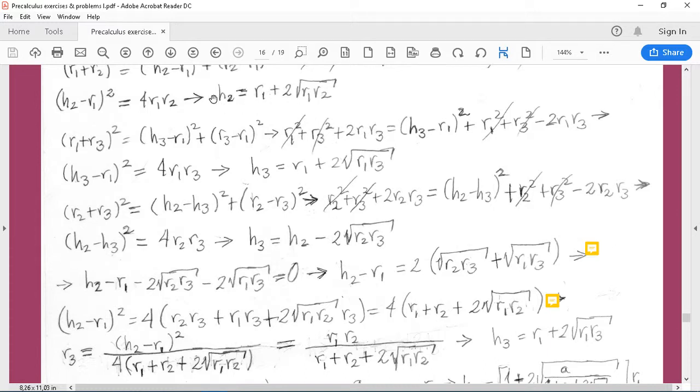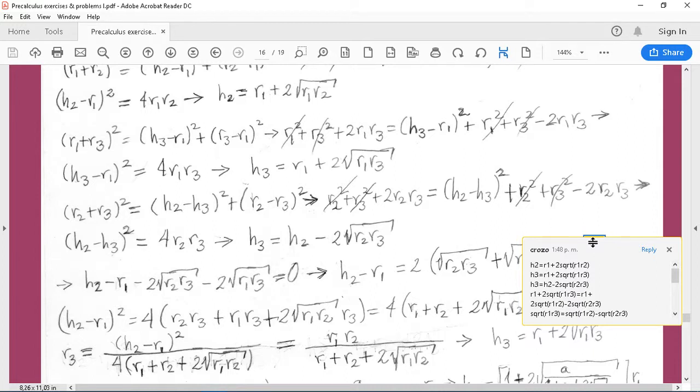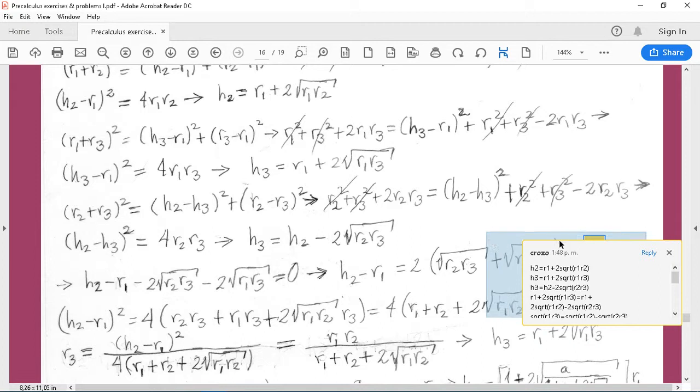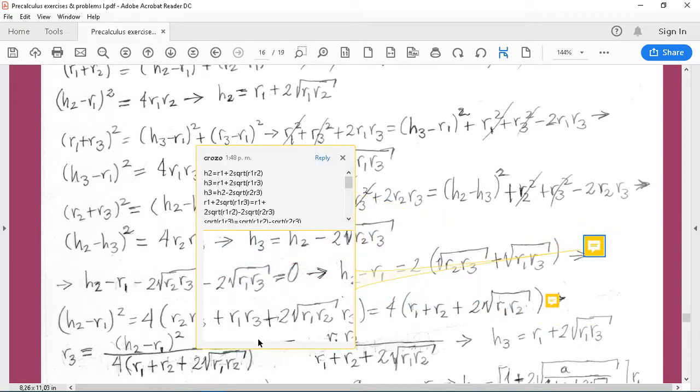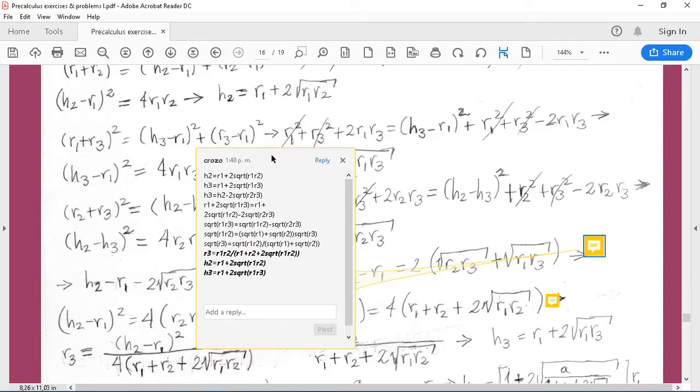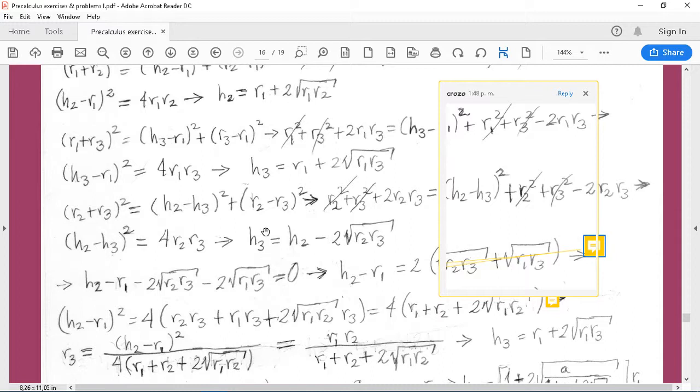Knowing that we have H2 here, we can replace this H2 here, and that will give us that H3 equals R1 plus 2 times the square root of R1R2 minus 2 times the square root of R2R3.